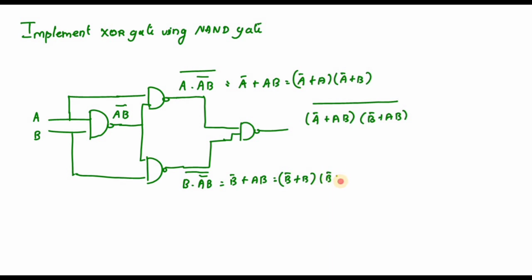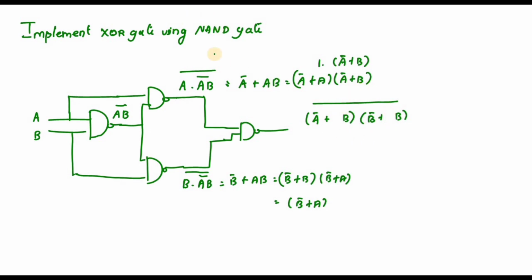So this is 1 into A bar plus B, and this is the B bar plus A. So instead of writing like this, I can write it as A bar plus B bar plus AB, right?